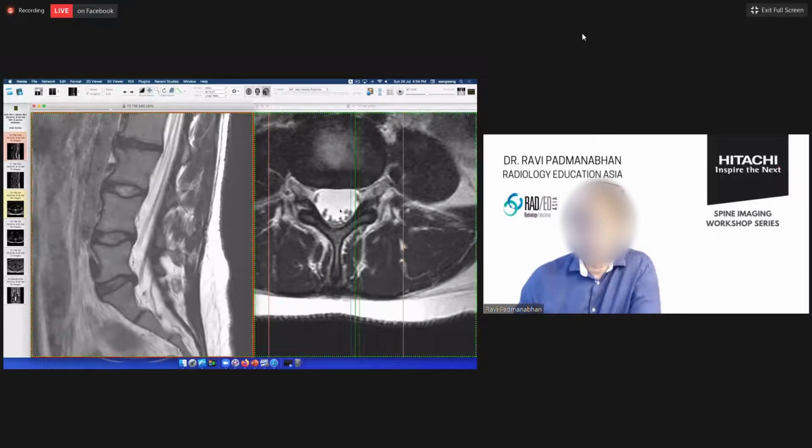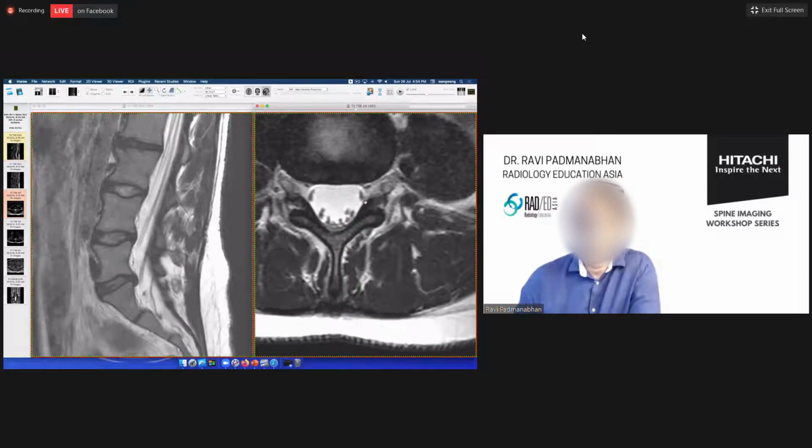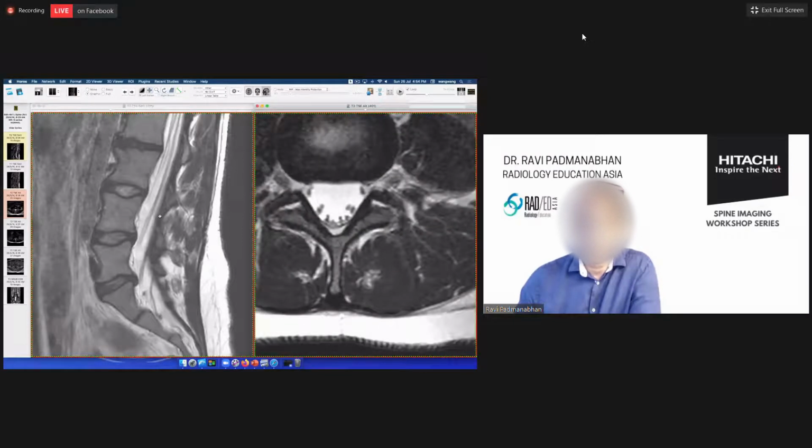If you can see where we are, we're just at the margin of the facet joint. These small cysts often bulge out like this, and then on the sagittal scan you will see a cystic structure that's sitting within the canal. So this is one area to look.